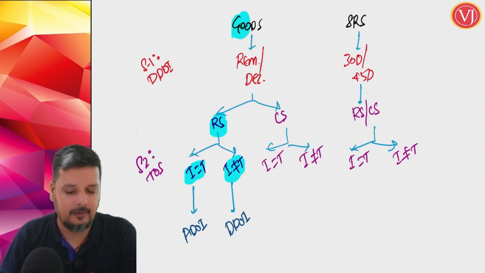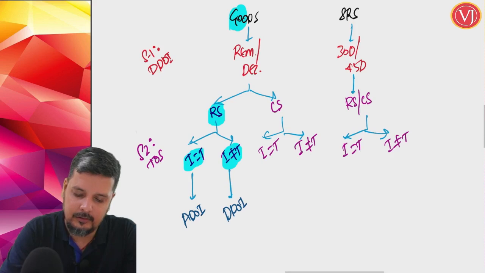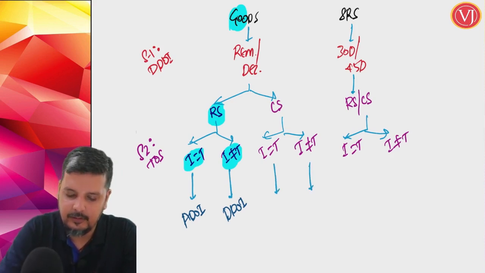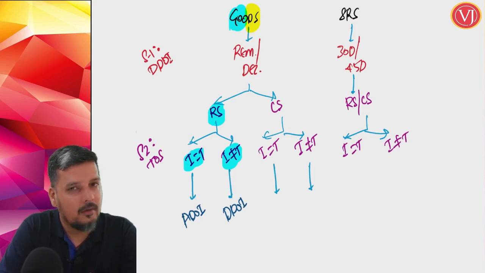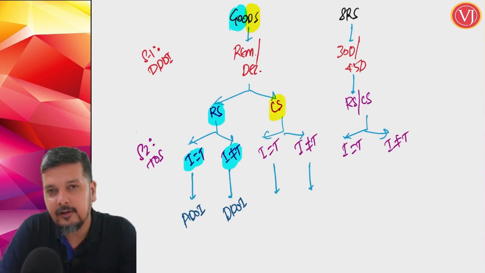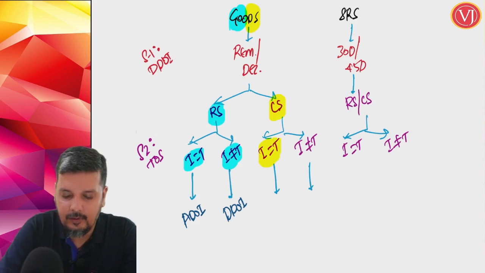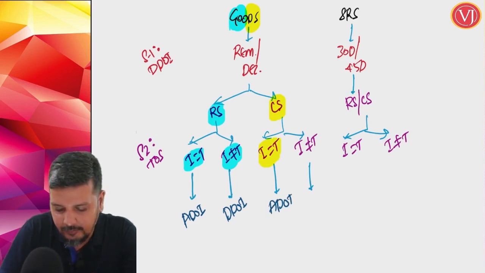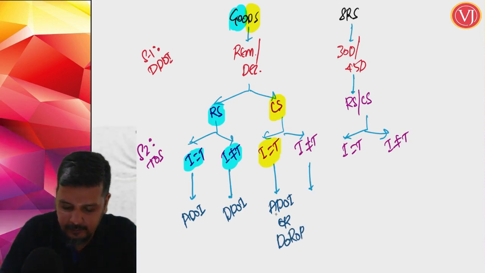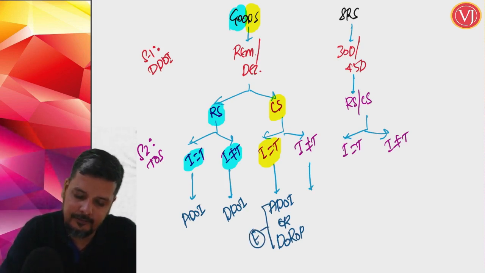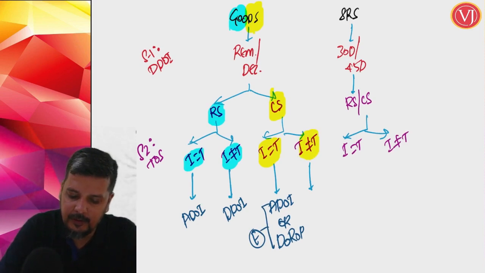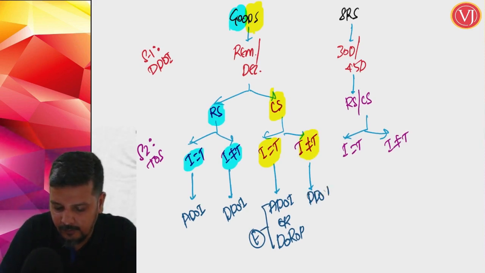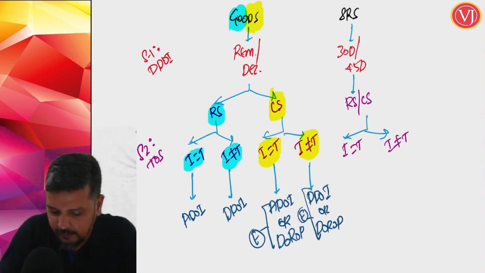What about composition scheme dealer? If at all you're talking about goods sector, but you're under composition scheme, invoice given in time, it is actual date of invoice or date of receipt of payment, whichever is earlier. If invoice is not given in time, goods sector, composition scheme, invoice not given in time, it is due date of invoice or date of receipt of payment, whichever is earlier.